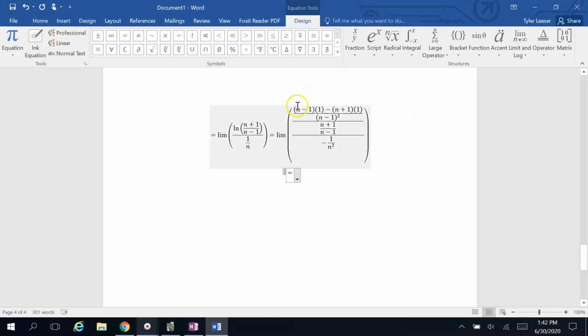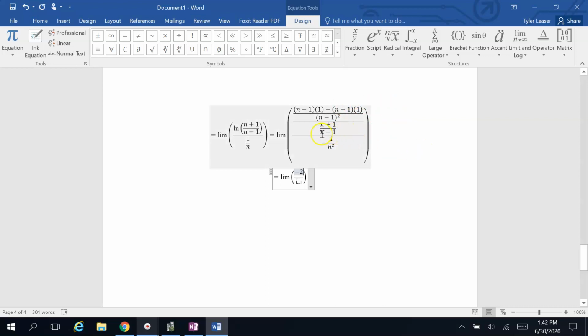First off, in the very top line, I have n minus 1 minus n plus 1. The n's cancel. I end up with negative 1 minus 1, which is negative 2. Then I have this negative n minus 1 squared in the denominator. This I'm dividing, which you can also think of as multiplying by the reciprocal.